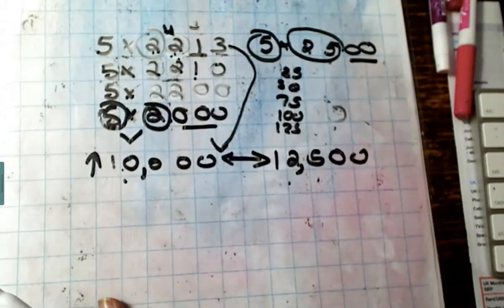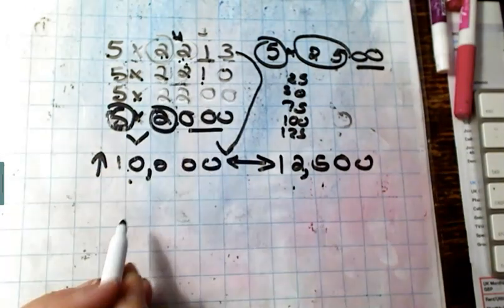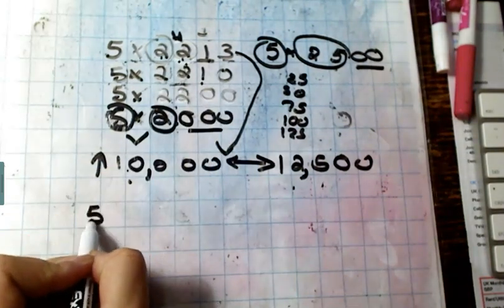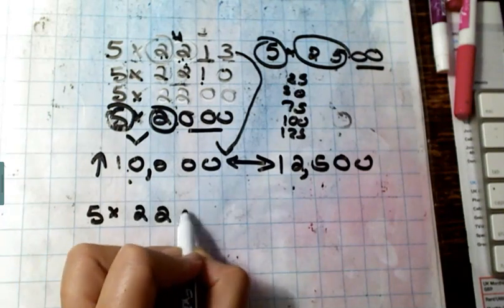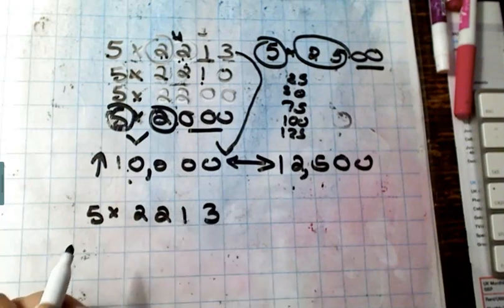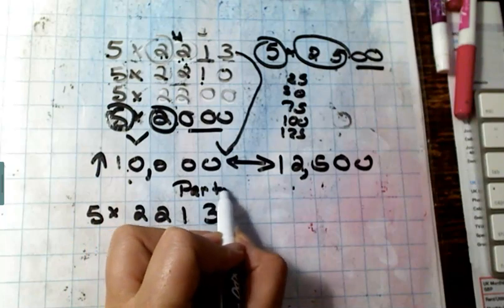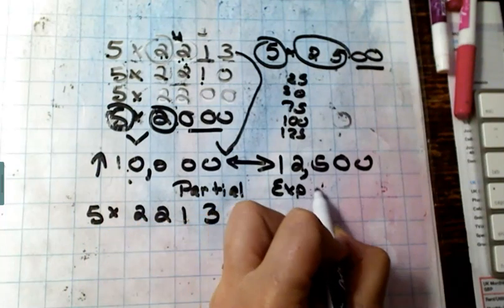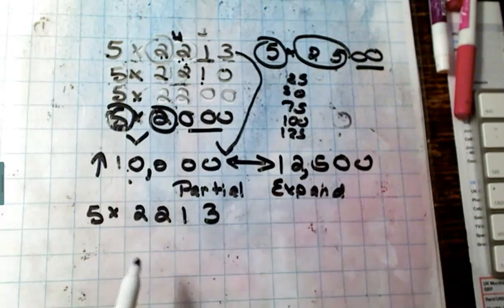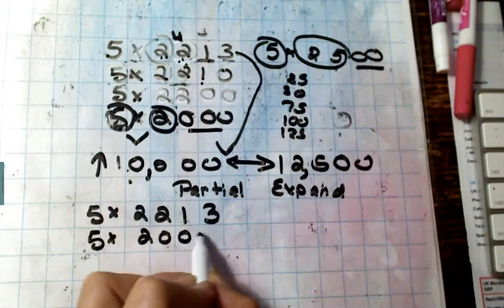Now, can you find the actual answer? Pause the video and break this number apart to see if you can. While you're working on it, for some of you that aren't sure, I'm going to show you how to get started. I'm going to use partial products. Remember that term? And I'm going to expand this number by its place value. Expanded form. So I'm going to have 5 groups of 2,000.